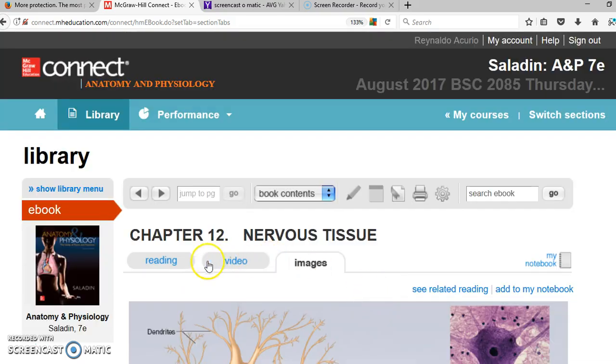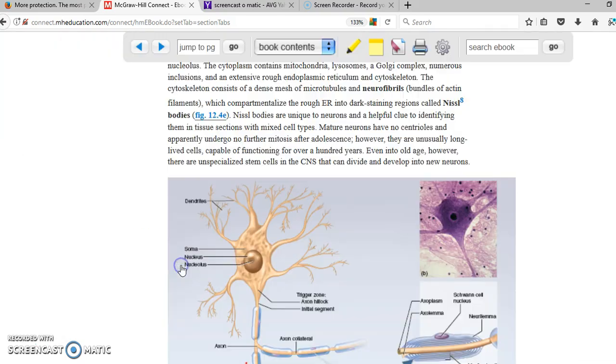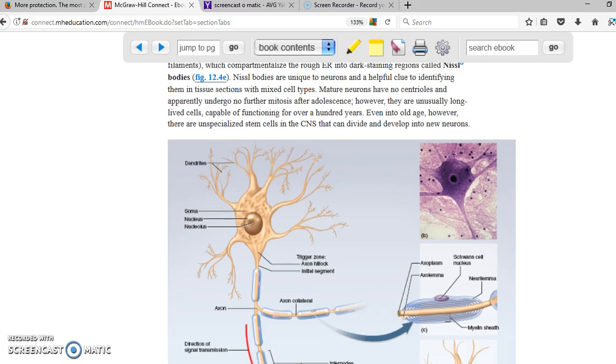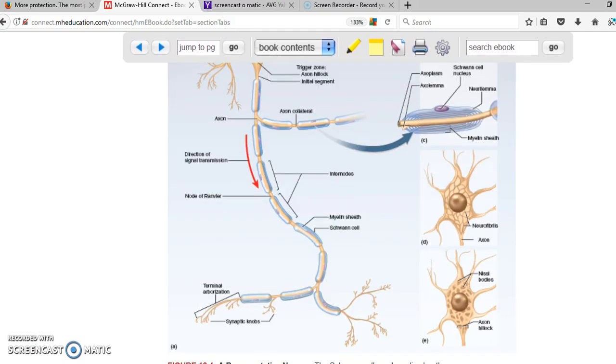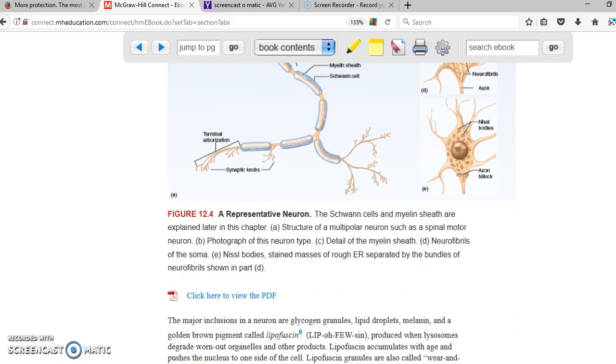Okay, so then we said, what is the name of the cell that you find, for example, in your brain? The neuron. And what extensions does it have? Dendrites and axon. And the axon is covered by the myelin sheath, which is produced by the Schwann cell.